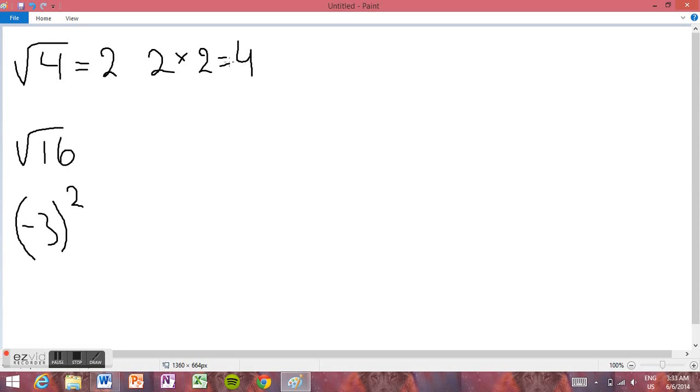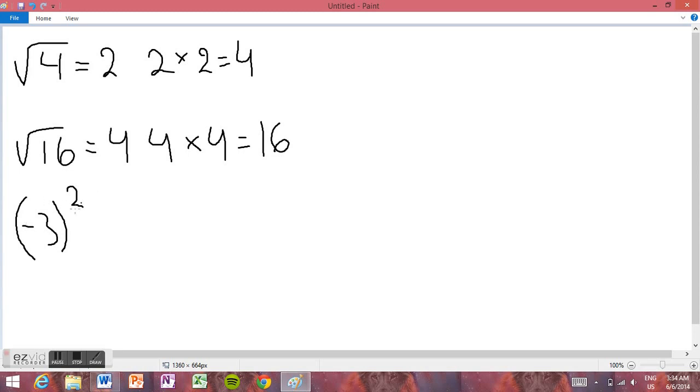The square root of 16 is 4, because 4 times 4 is 16. Same with the square root of 4 equals 2, because 2 times 2 is 4. So 4 and 16 are both positive.